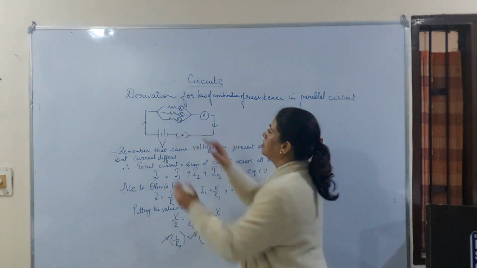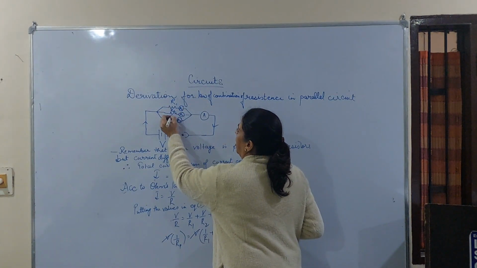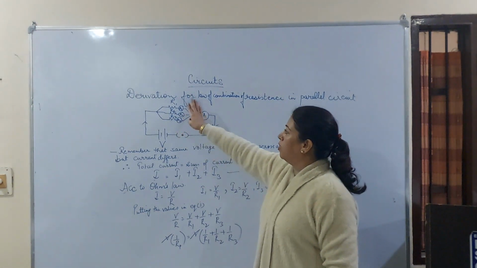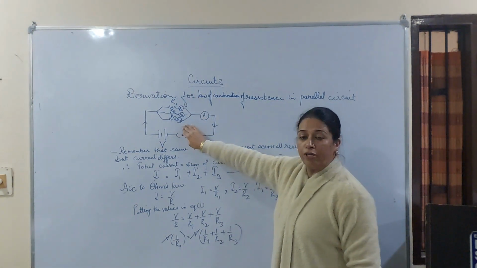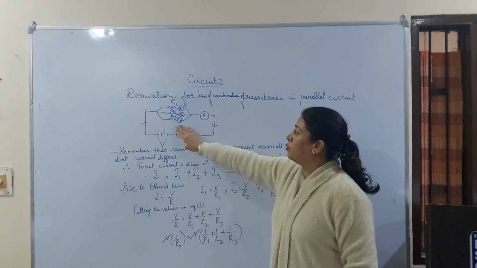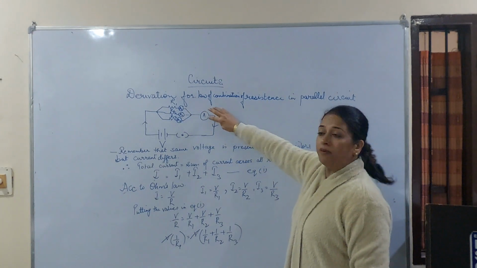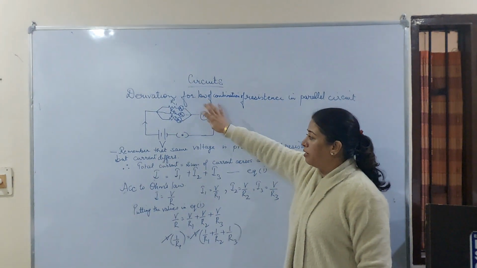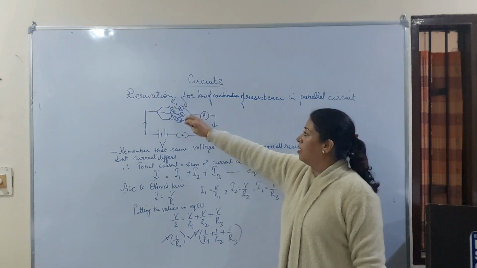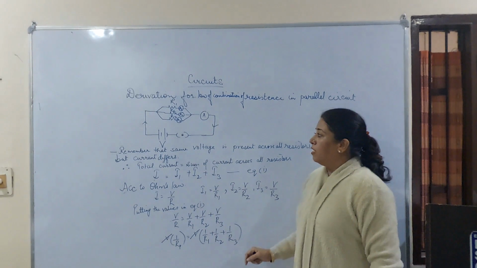Each resistance, that is R1, R2 and R3 respectively, will have separate current flowing through them, and that can be measured with the help of ammeters A1, A2 and A3. And when we have another ammeter in the main circuit, we will see the readings of all these three will be equal to the total current flowing in the circuit.